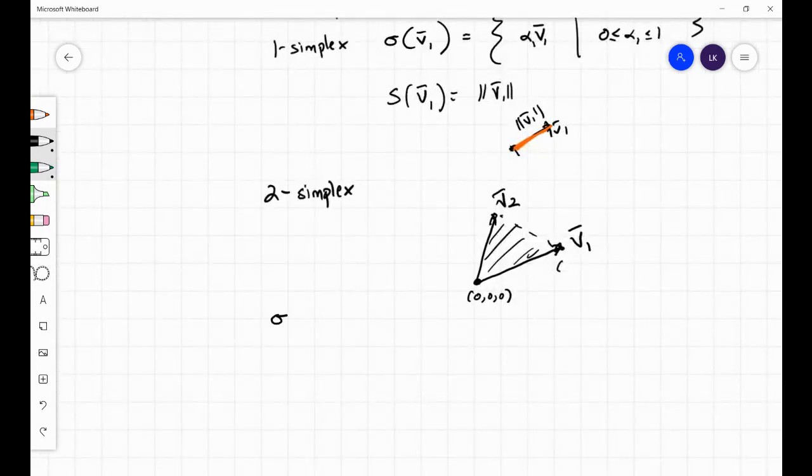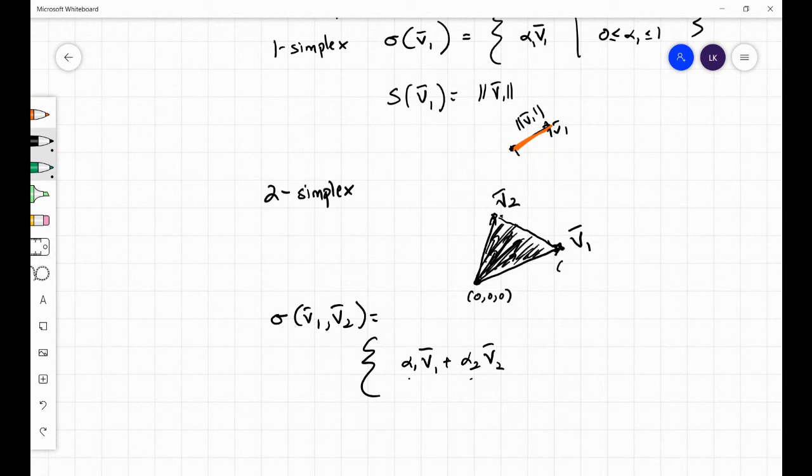So we would write the 2 simplex formally as the collection of all linear combinations of v1 and v2. So these are the scalars in the linear combination. But we want to make sure that all the combinations result in position vectors that remain inside this triangle, right? That way we can just say that the simplex is this triangle.